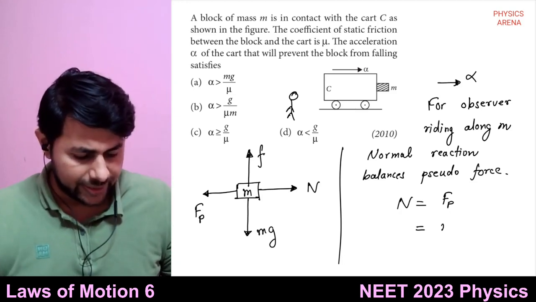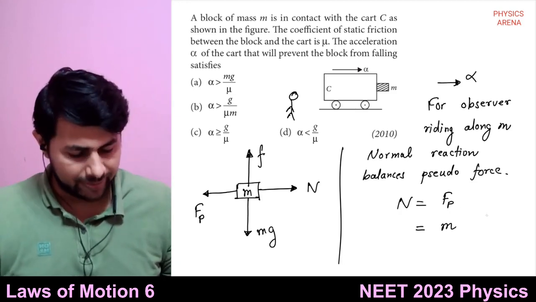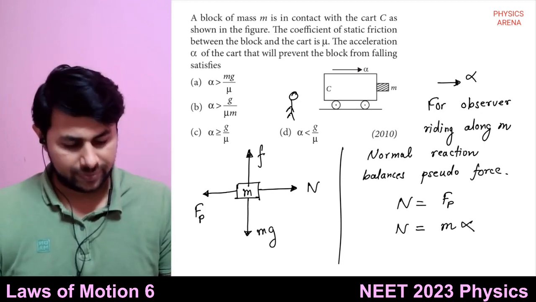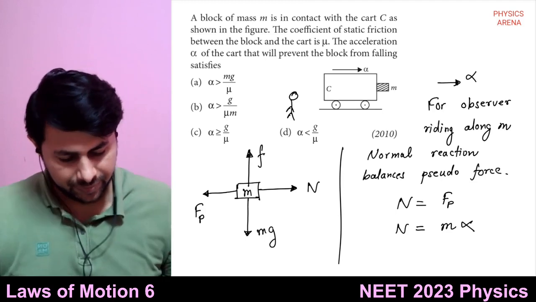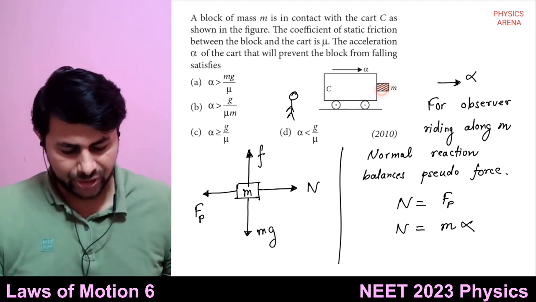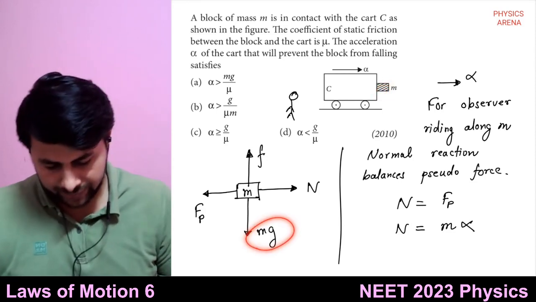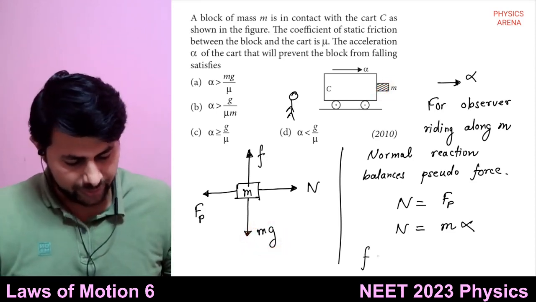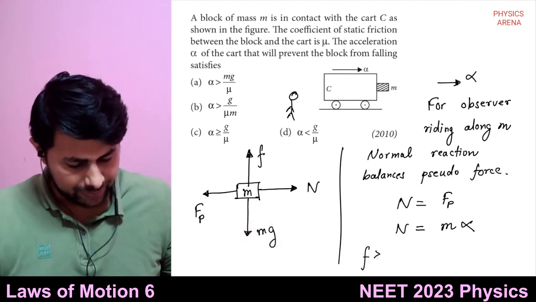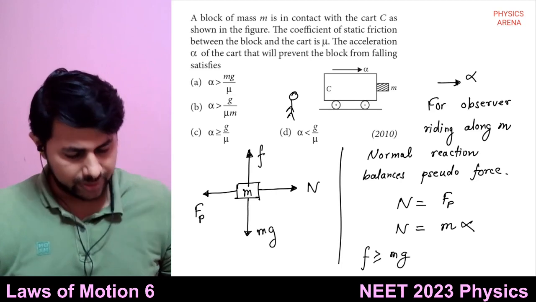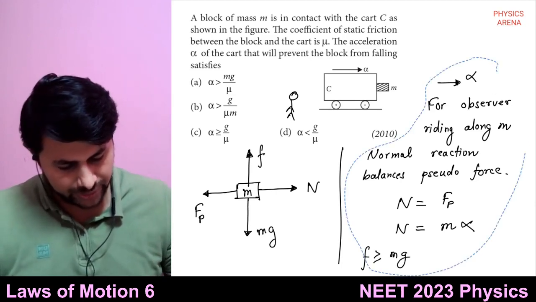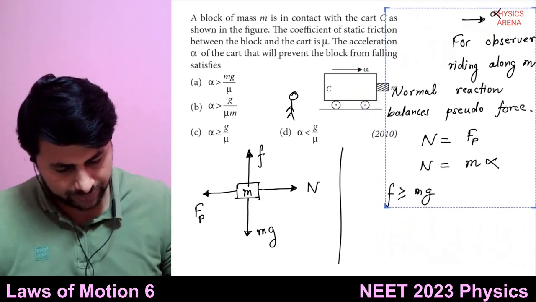We have studied it. It is the mass of the observer multiplied by this acceleration. So N is equal to M times alpha, right? And then if the block doesn't fall down, the frictional force is equal to mg. So F has to be greater than or equal to mg, right? So I will move all of this upwards.